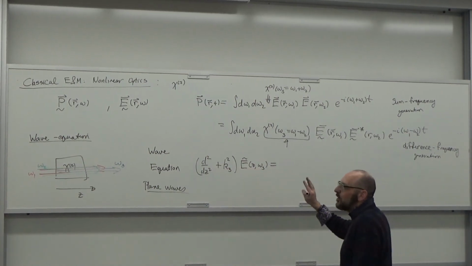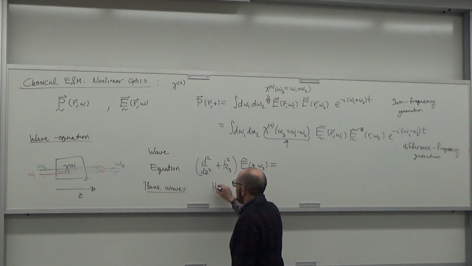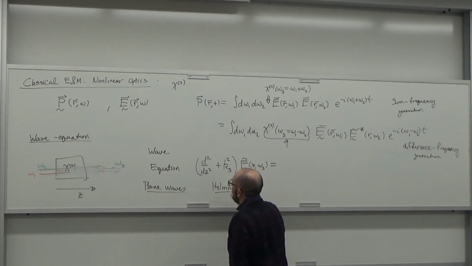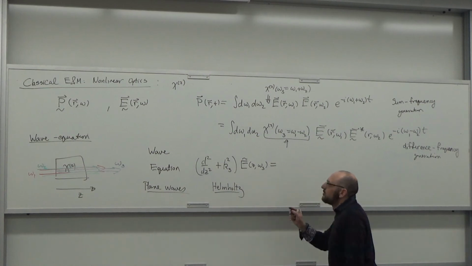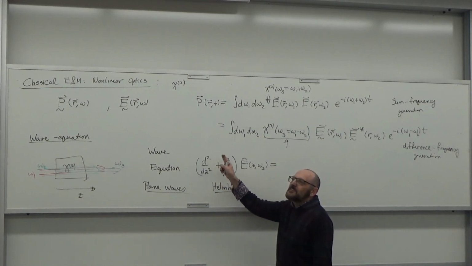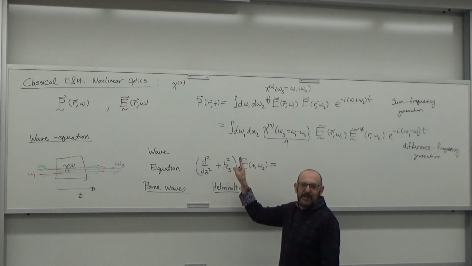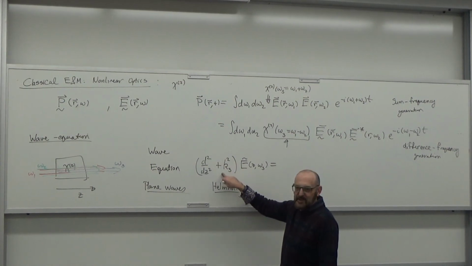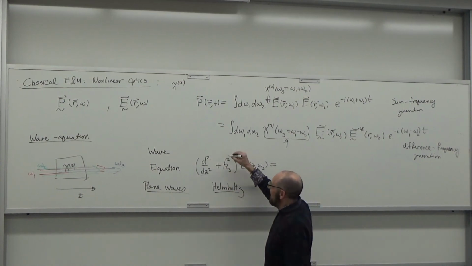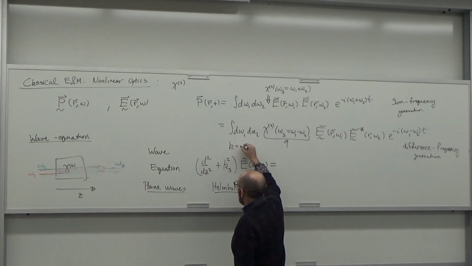So this is the Helmholtz equation. Del squared minus d by dt squared becomes this, where this is the wave number, k. k, of course, is equal to the index of refraction times omega over c.